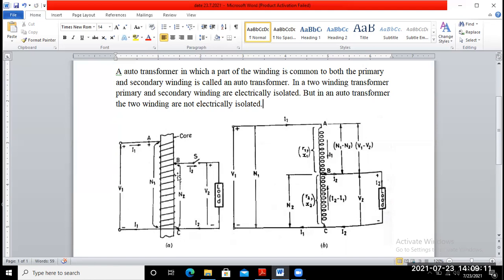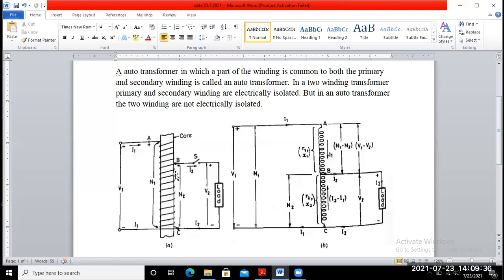Okay, that's why in the definition we say that a part of the winding is common to both the primary and secondary windings. So you may observe from the schematic diagram, BC is your common winding, which exists in both the primary and secondary winding.